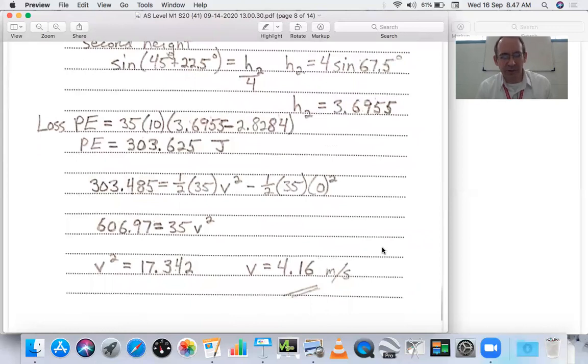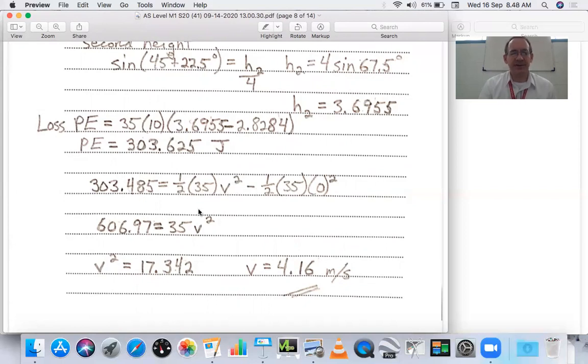Since there is no resistance in this particular question, the loss of potential energy is equal to the gain in kinetic energy. For kinetic energy, we have 1/2 mass v squared minus 1/2 mass u squared, and our initial velocity was 0.